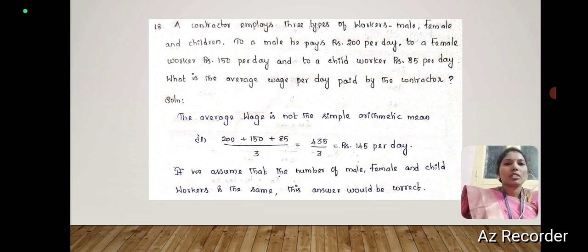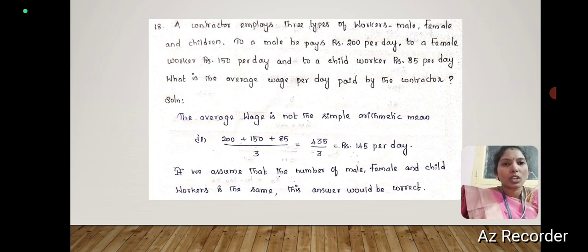And the problem is: a contractor employs three types of workers: male, female and children. To a male, he pays rupees 200 per day, to a female worker rupees 150 per day, and to a child worker rupees 85 per day. What is the average wage per day paid by the contractor?